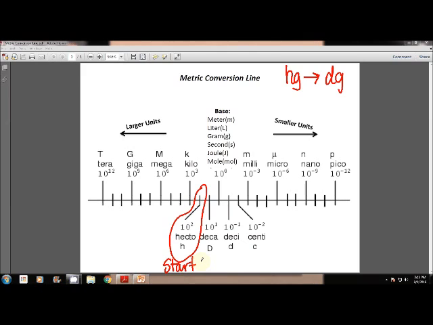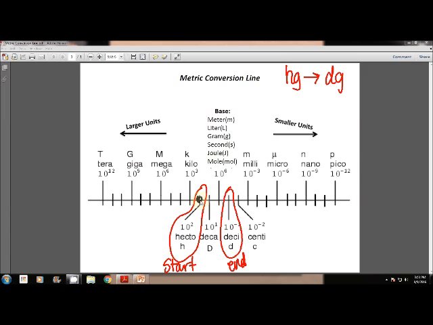Okay, so I'm starting at hecto, and I want to go to lowercase d, sorry, which is deci. So I want to go to deci, not deca, because deca is capital. I'm going to stop at deci. Alright, so it's time to move.